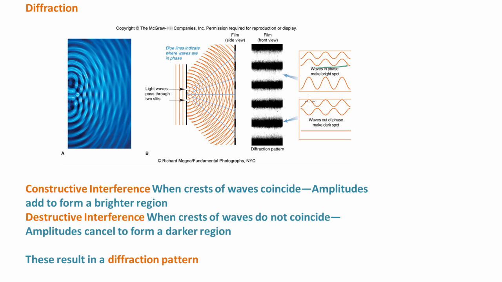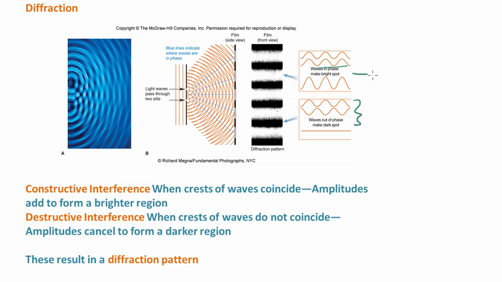And if the waves are out of phase, like they are right here, then they cancel one another out, and you end up with dark spots on the film. So this results in what we call a diffraction pattern.